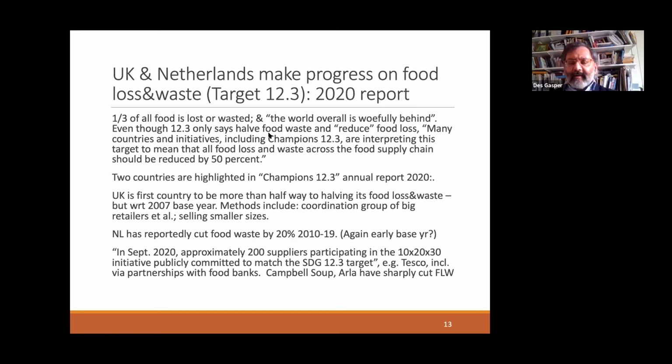It also now is being interpreted to cover loss in the consumption stages. So that's an advance in the practical interpretation, at least by many of the agents involved.